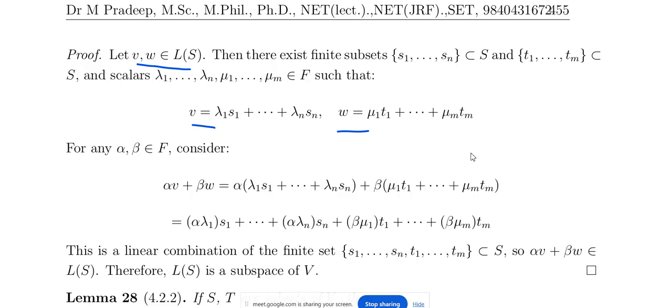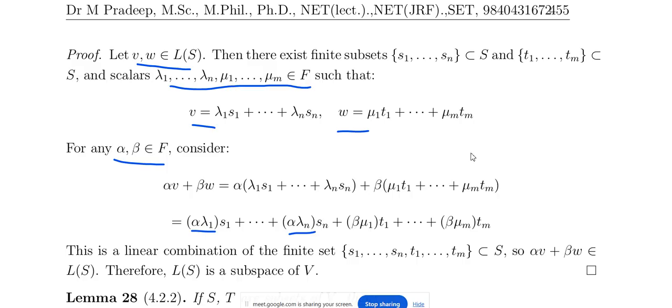So what we need to prove is that alpha v plus beta w belongs to L of S. If so, that is called a subspace. L of S is a subspace. Multiplying, we get alpha lambda 1 s1 and so on up to alpha lambda n sn. Alpha and beta are field elements, and lambda 1, lambda 2, mu 1, mu 2, mu m are also field elements.